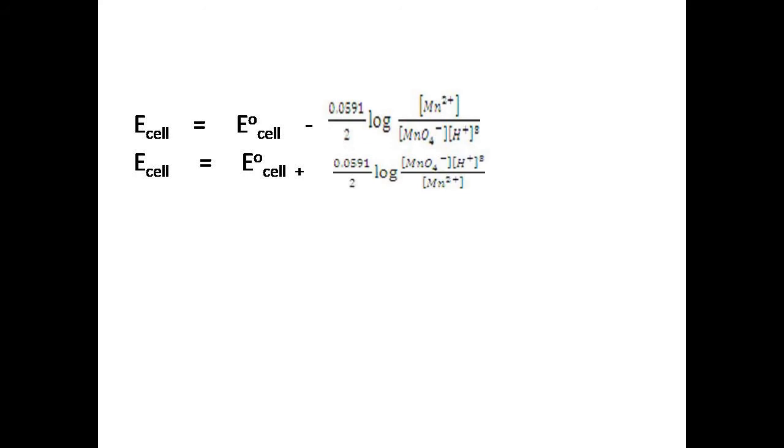So the cell potential is developed due to the presence of Mn2 plus and MnO4 minus. Now when the MnO4 minus increases, the cell potential also increases based on the equation.